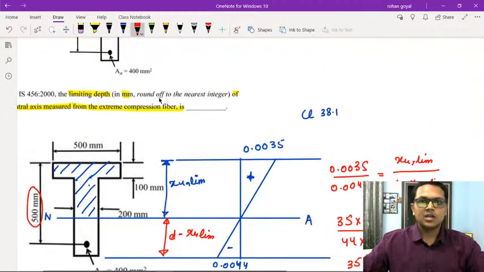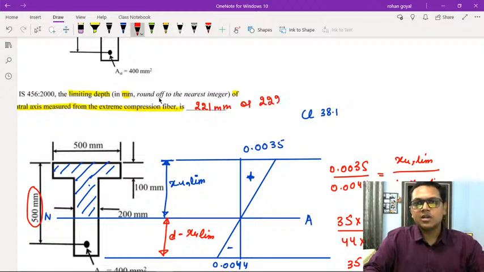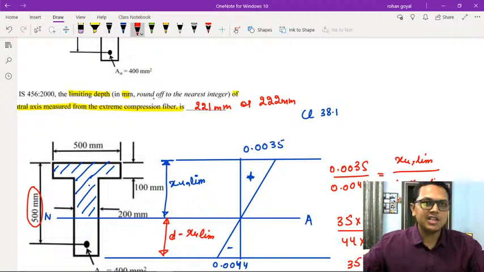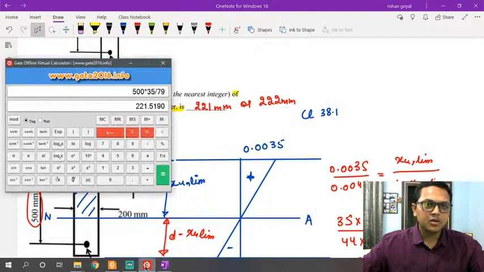So the answer is, you can write either 221 mm or 222 mm. Let us see what range is given in the solution.